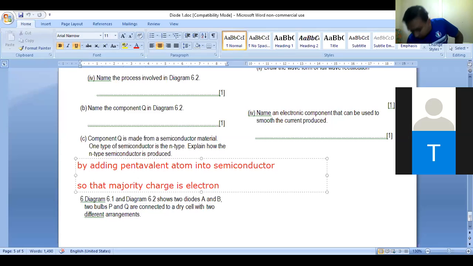So the majority charge is electron, minority is hole.